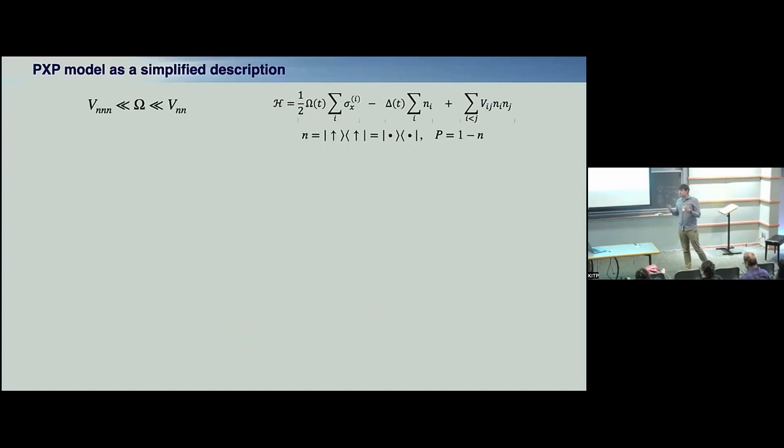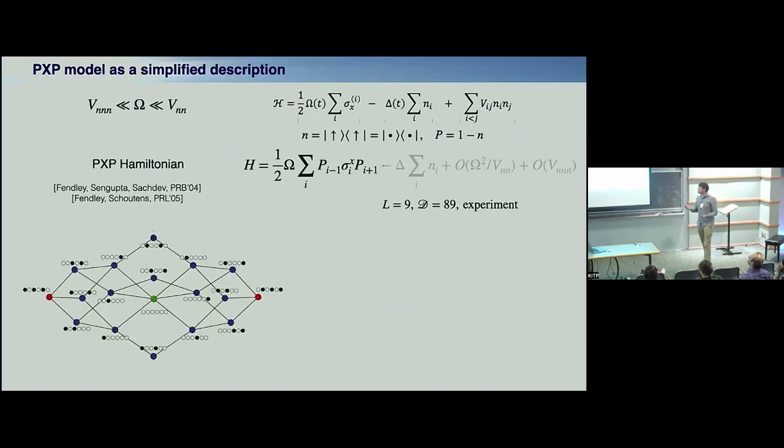So now let me massage this model a bit in a particular regime of so-called nearest-neighbor Rydberg blockade. I want to use the nearest-neighbor interaction between Rydberg atoms as the big scale, assuming it's the dominant scale, and then I can do a Schrieffer-Wolff transform. And here the PXP model comes, which was used a number of times, but this is actually a derivation of it. Under the Schrieffer-Wolff transform, I'm now prohibiting two up spins next to each other.